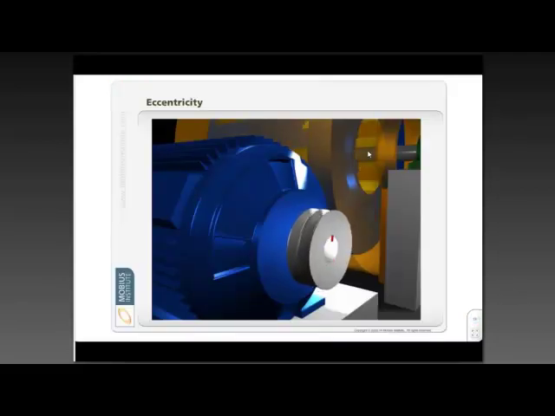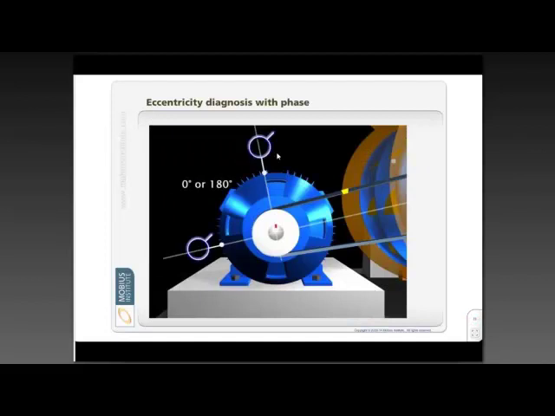Eccentricity, okay, the animation is exaggerated, but that also creates a certain phase relationship. We want to know that it requires a correction to the pulley and not unbalance. So if we looked at the phase, we don't get that 90 degree relationship anymore when we compare vertical to horizontal. We get it either in phase or out of phase.